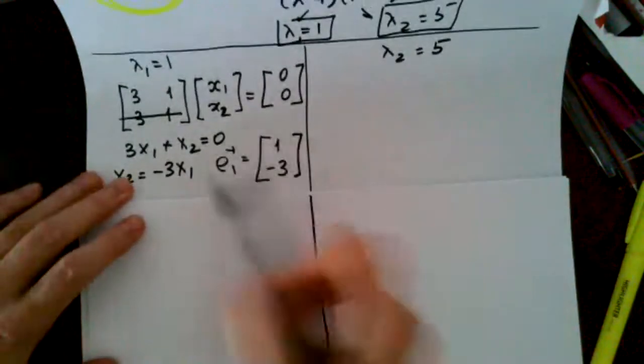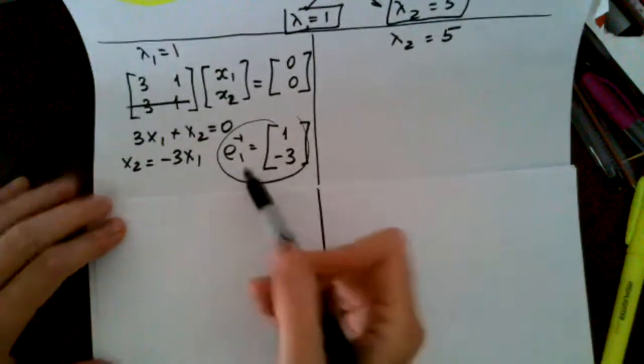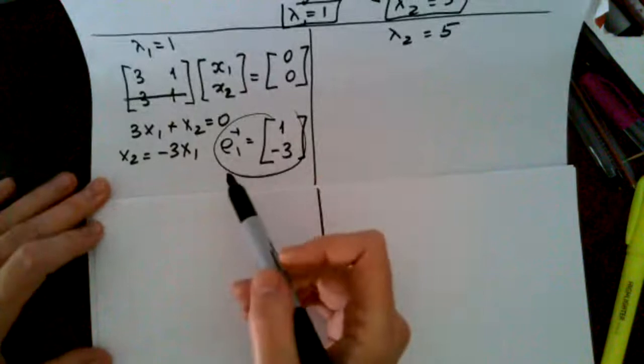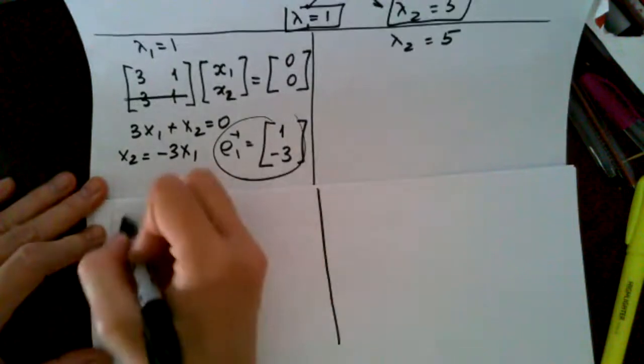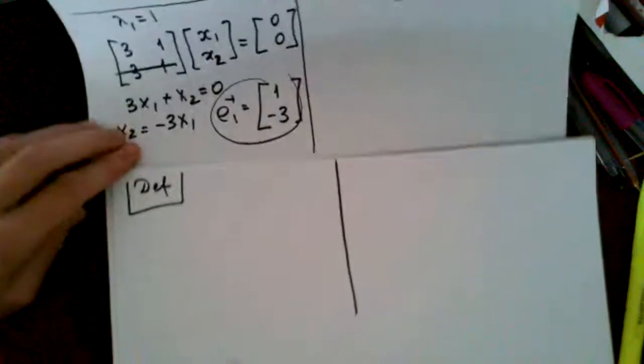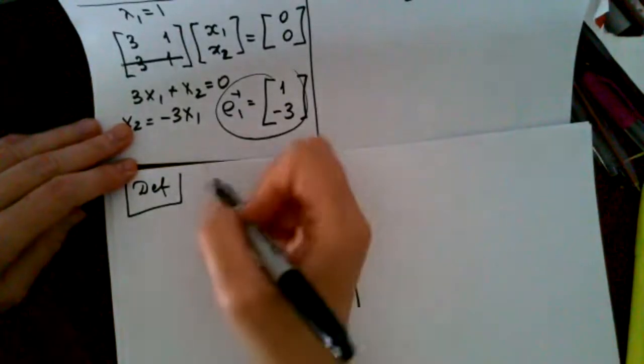So how can we check that this vector is correct? Maybe I made some careless mistakes, who knows? To do this, I always do checking. We need to recall the definition of eigenvector. Let's write it down here. Let's spend some time on it, because it's super important.